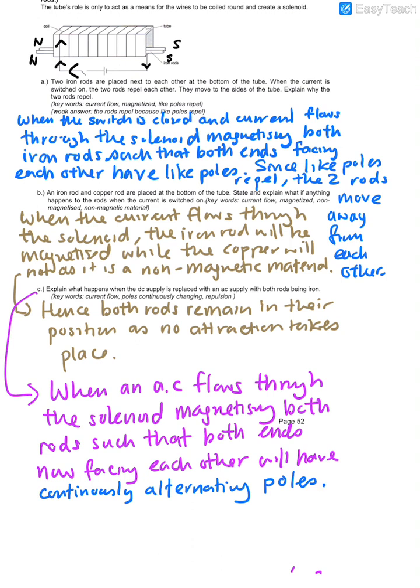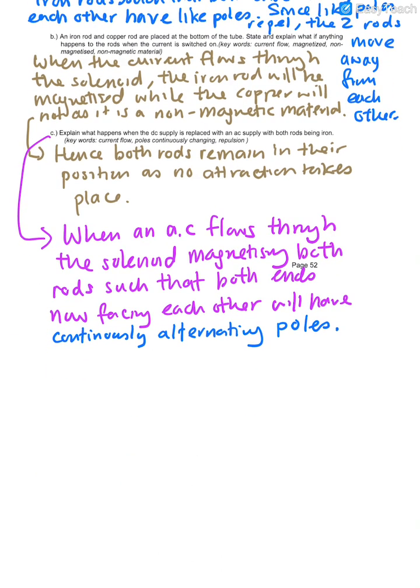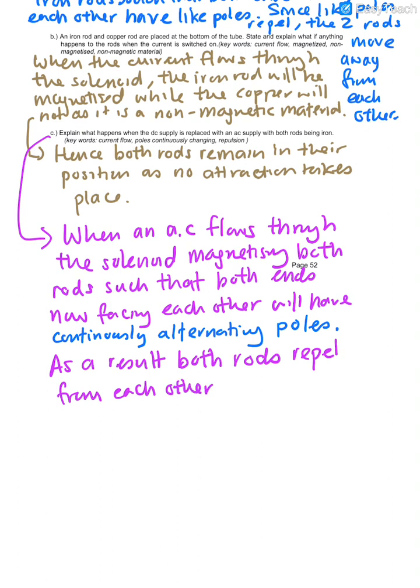So what is the result? As a result, what happens? As a result, both rods repel from each other, as like poles repel.